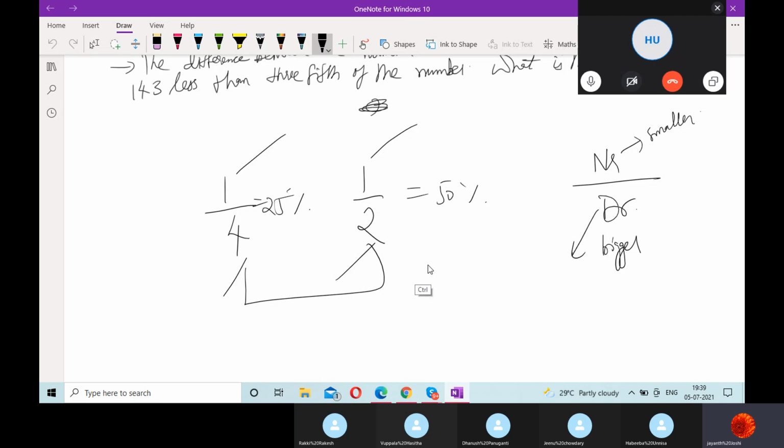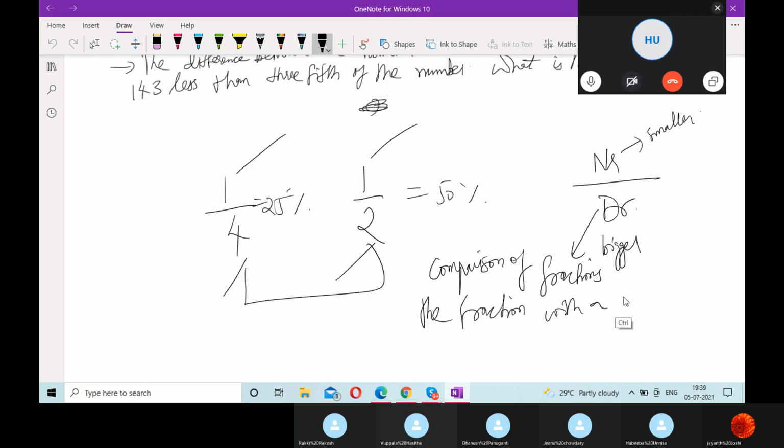So in comparison of fractions, all of you can make a note of it, the fraction with a smaller denominator is bigger. Because if I have to divide 100 rupees amongst 4 people, each one will get 25.